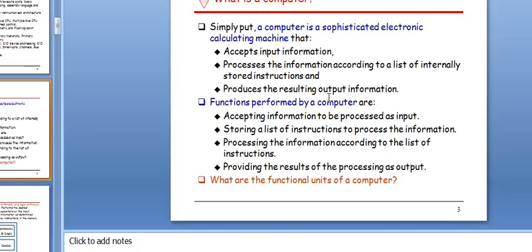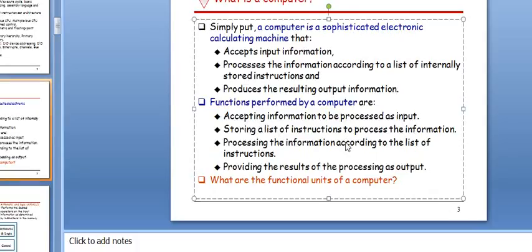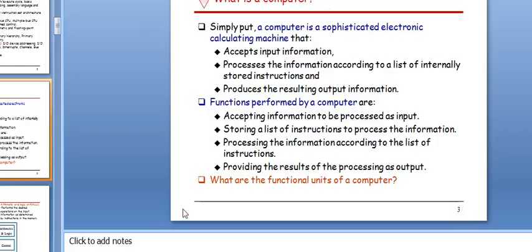So we can say that it is a sophisticated electronic calculating machine that accepts input and produces output in the required format that we want.